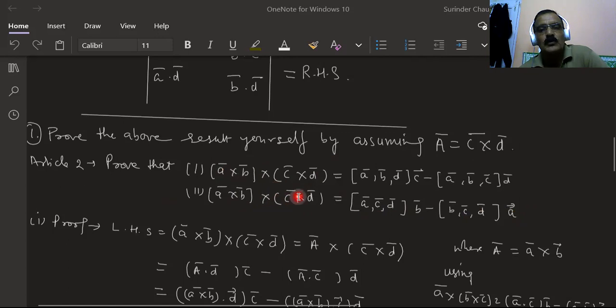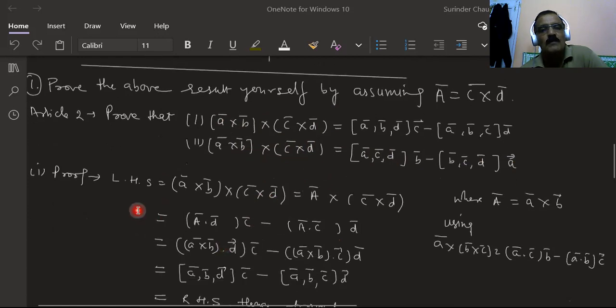After making the substitution, I've taken the left hand side. Left hand side is equal to A cross B cross C cross D. Let us assume that A cross B is equal to the vector A. Now the A vector cross the capital vector cross C cross D vector.